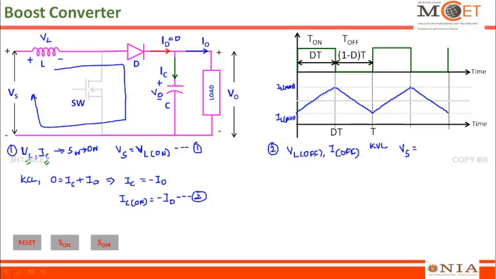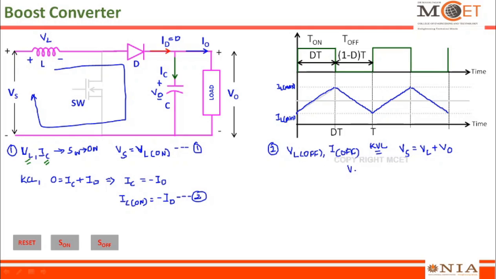And similarly, the voltage across the capacitor is also flowing from plus to minus, again a potential drop. So Vs is equal to VL plus V0. This is the expression I get when I apply Kirchhoff's voltage law for this entire loop.